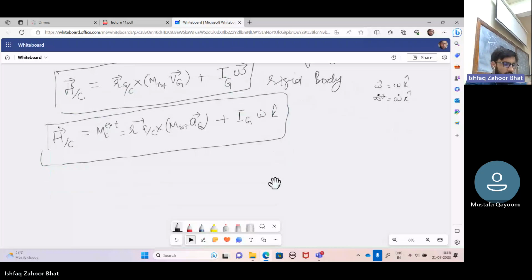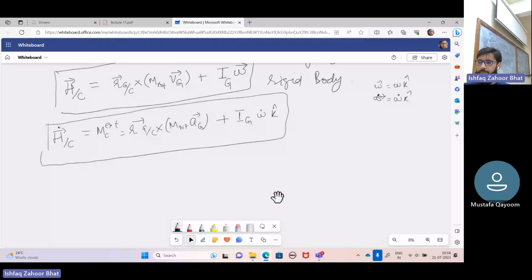You work out these formulas and try to understand what the angular velocity of a rigid body is, and how these equations become simple for the rigid body.